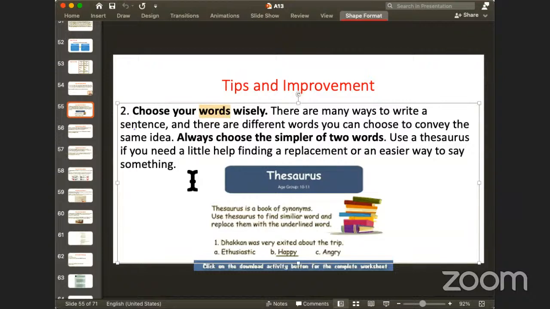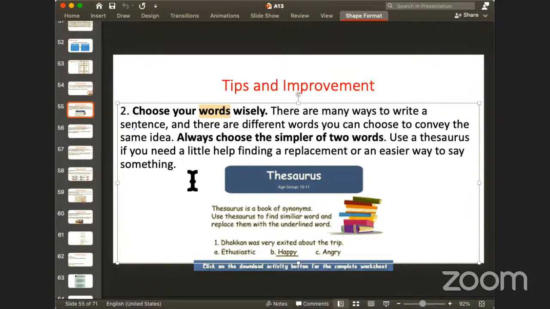We can say the same exact idea in at least three to five different sentences, and we should think about our readers' understanding. Let's try to put ourselves in the reader's shoes.